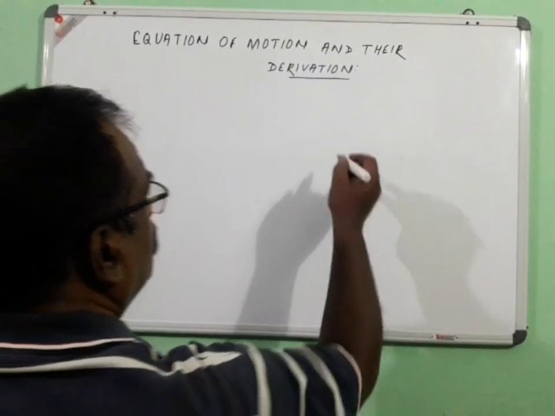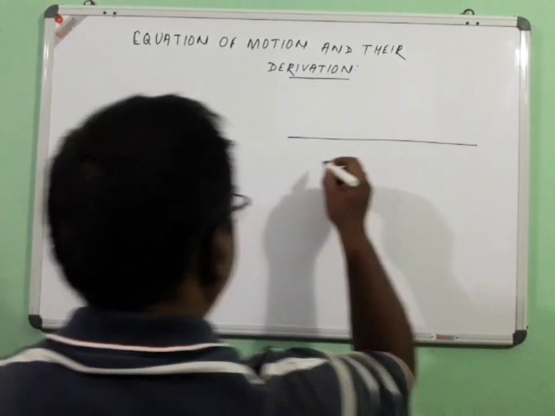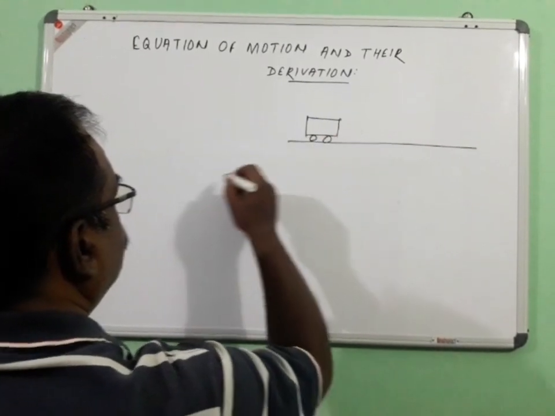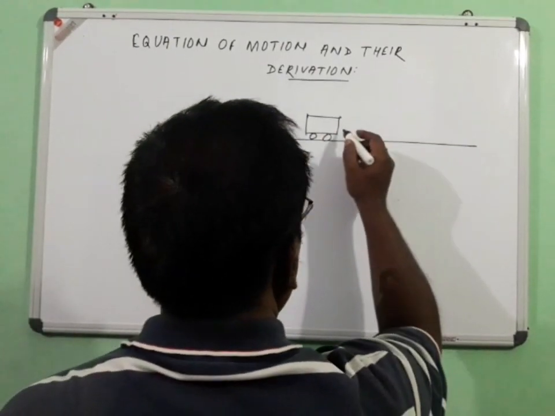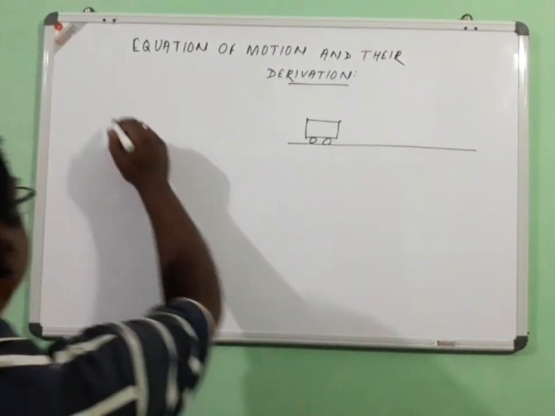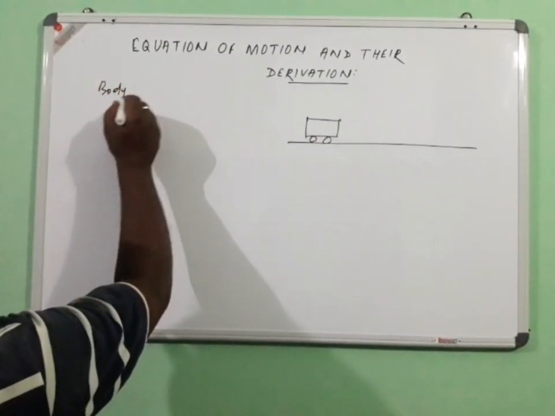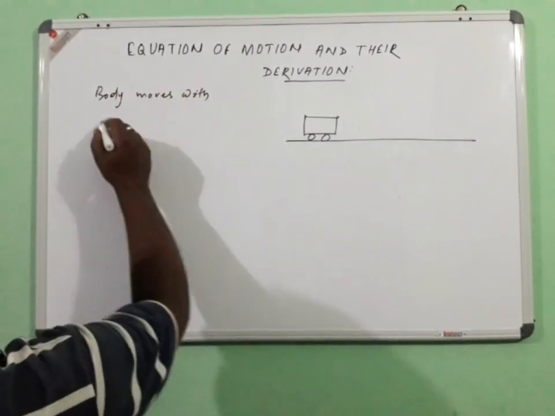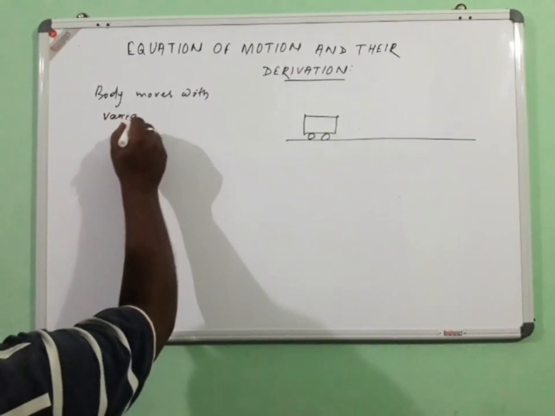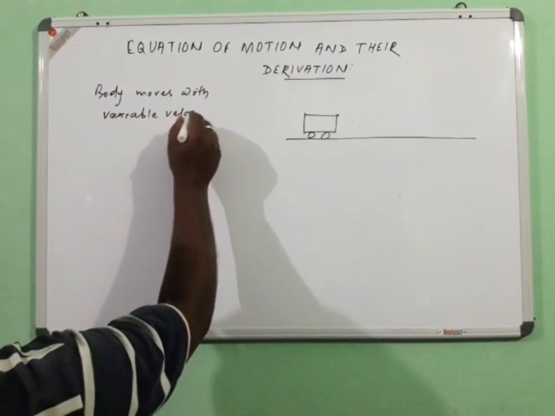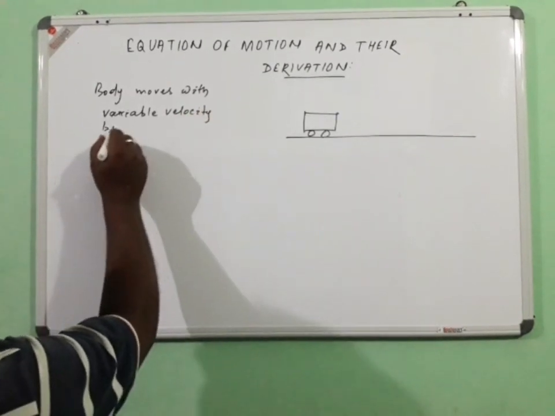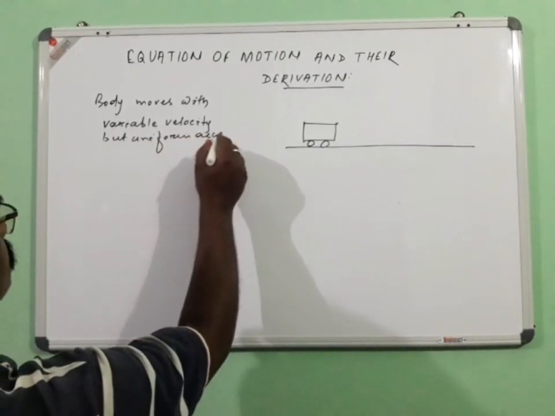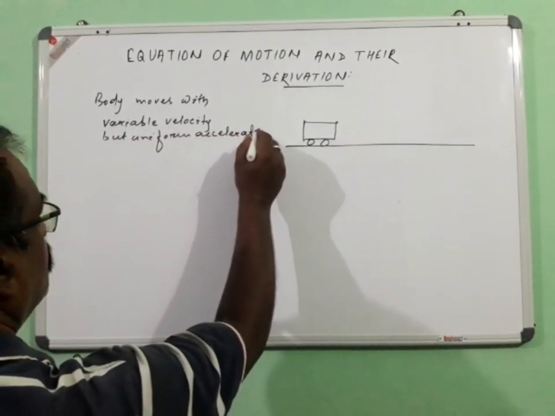Whenever a body moves with variable velocity but uniform acceleration, this is the condition where the body moves with variable velocity but uniform acceleration.